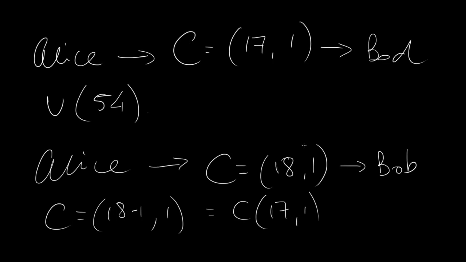However, if you want to hack the message, you might start trying to find the groups where this element is in, which is coprime with another integer that is surely not 54. Not only is it not 54, but you don't know if Alice added 1 to 17 or subtracted 1.